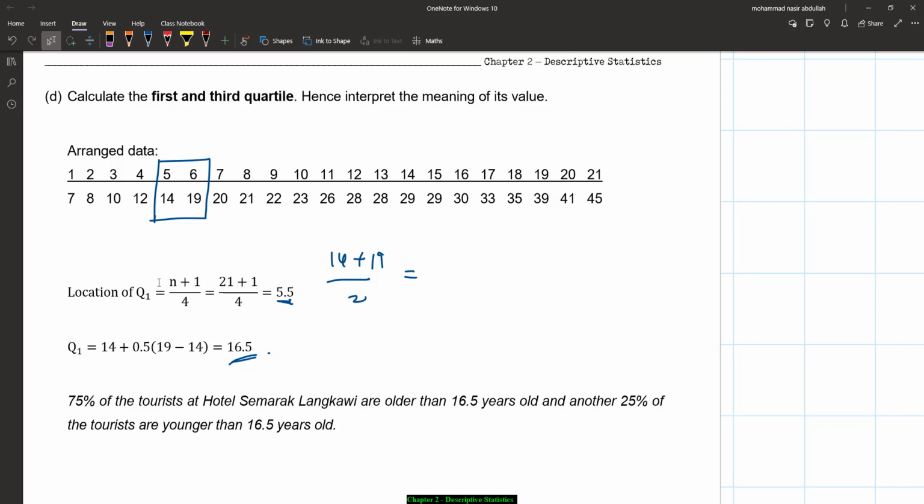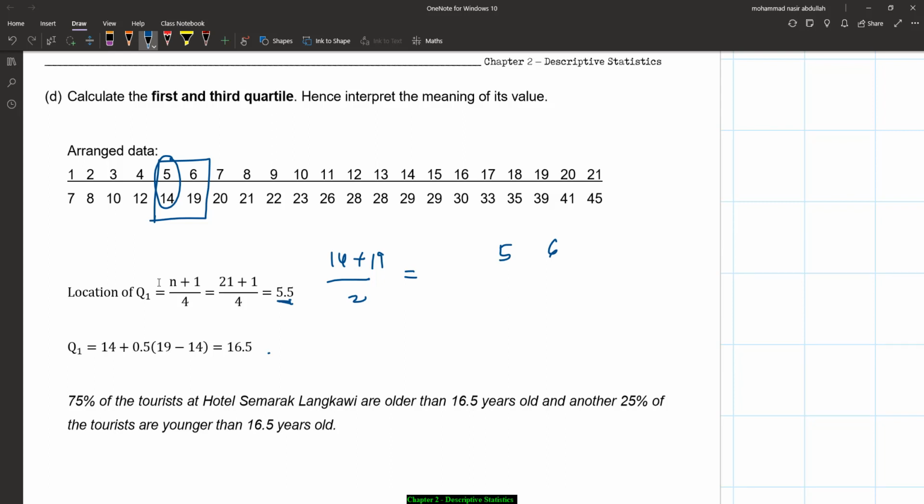So another method is, we know that 50% of the distance between 14 and 19 is the middle, is the quartile number 1, right? Maksudnya dekat sini 5.5. Maksudnya 5 dekat sini sudah ada 5. Okay, I tunjuk dekat you cara paling senang lah you nak faham the concept of this formula, right? 5 and 6, right?